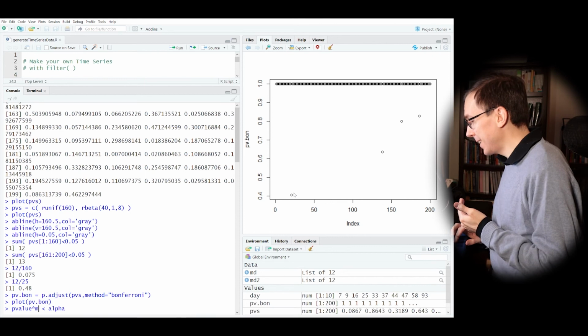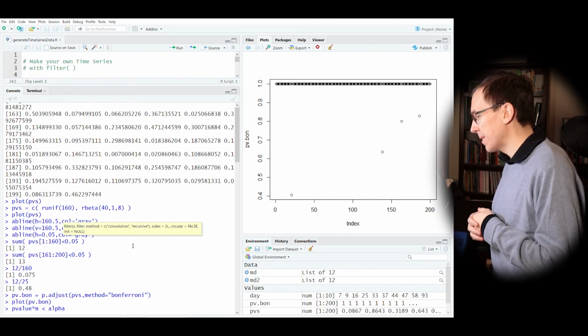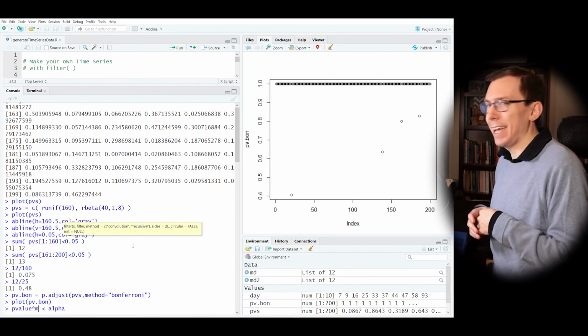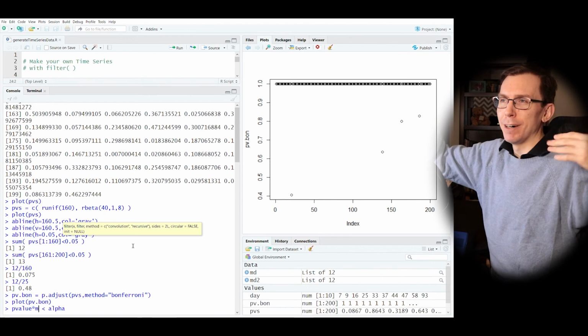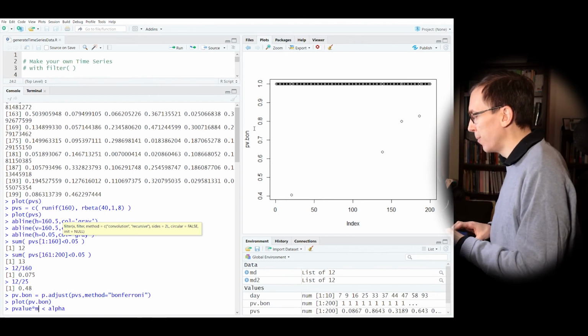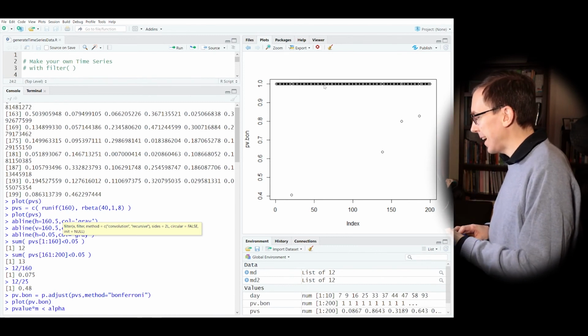In this case, we're not going to get a single one of those below alpha because we basically multiplied all of our p-values by 200. And of course, set a maximum, that is, don't let it go above 1 because it doesn't make sense to go above 1. So basically, in this case, all of our p-values get set to 1, except for a very few, but they're still quite large.